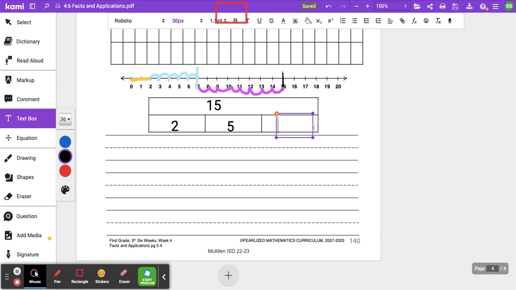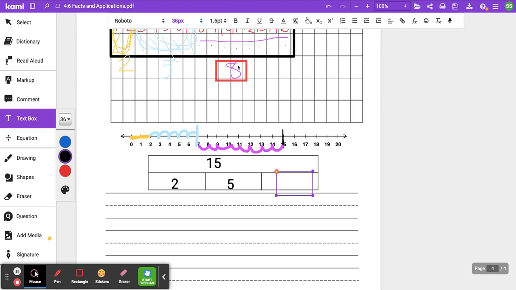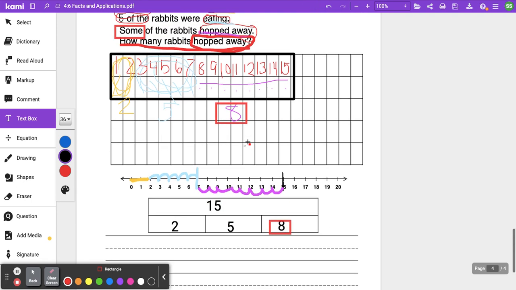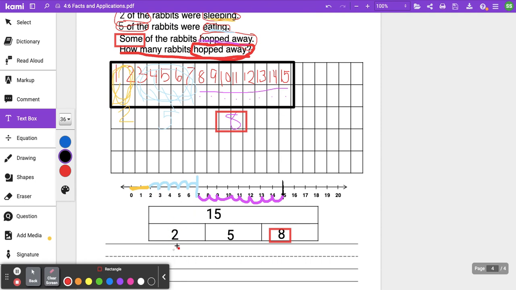And this is when we want to know how many of them hopped away. And we said that it was 8 that hopped away. This is what we were looking for. There's 15 rabbits in a box. 2 are sleeping. 5 are eating. And some hopped away. 8 hopped away.